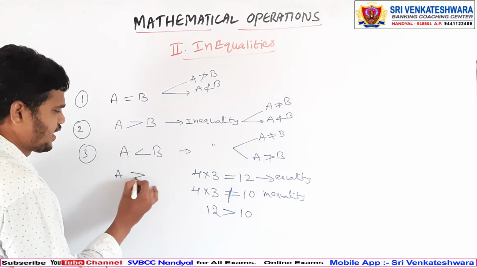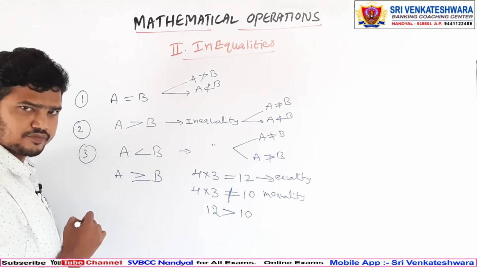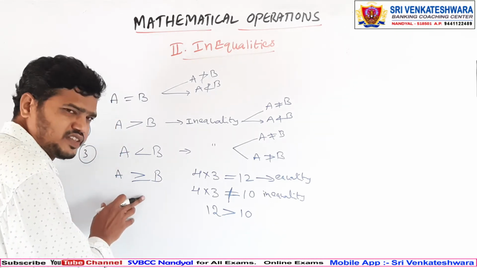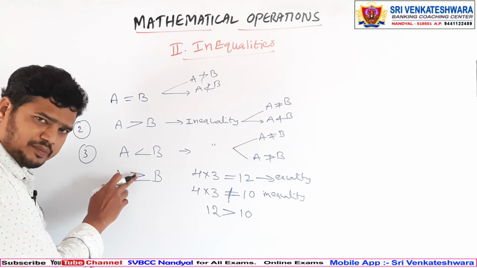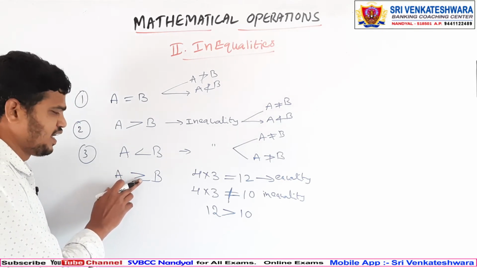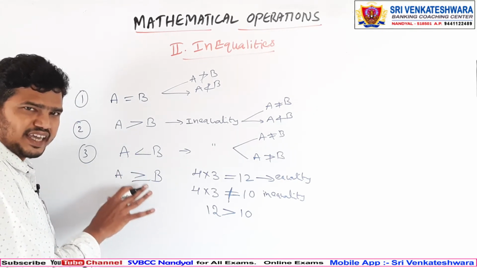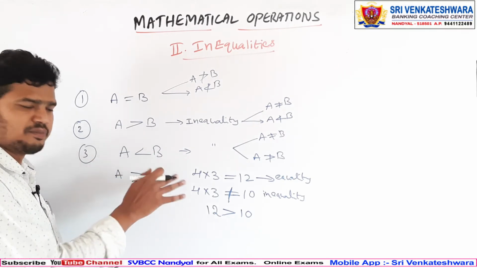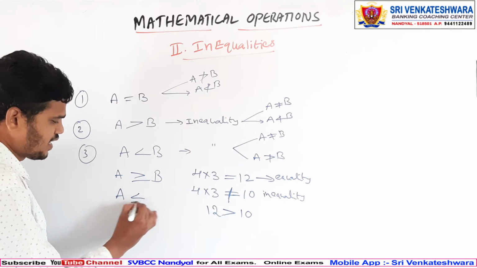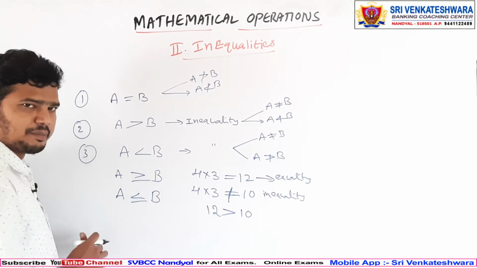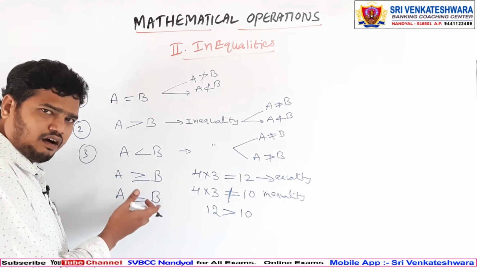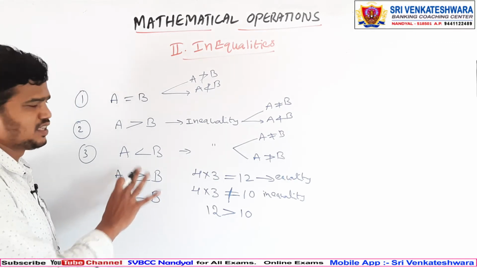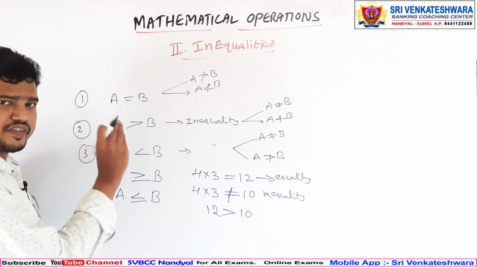For example, A greater than or equal to B means we have two options here: A is greater than B or A is equal to B, but A is not less than B. In the same manner, A less than or equal to B means A is less than B or A is equal to B, but A is not greater than B. In this manner, you can go for your expressions here.